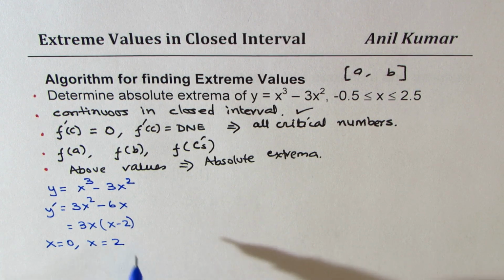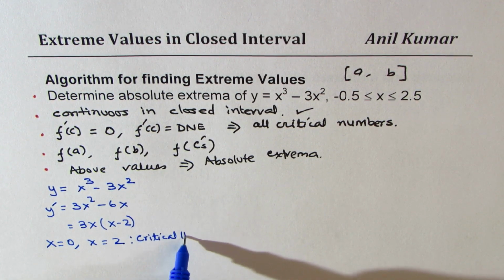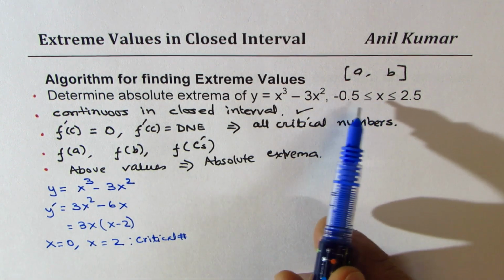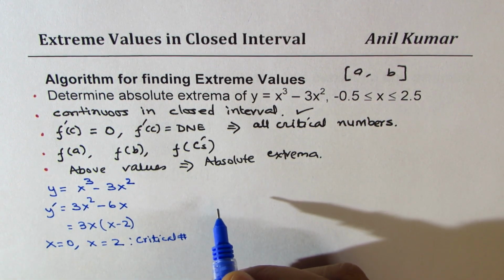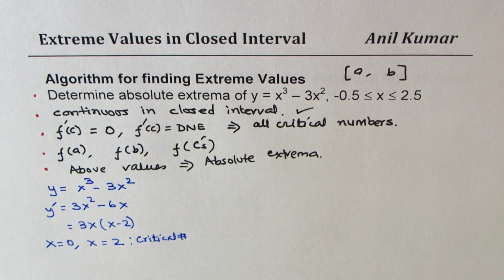Right? So these are your critical numbers. So now we are going to find the values at x equals 0, x equals 2, and these two extreme values, right? So we'll actually take a calculator to calculate these values.